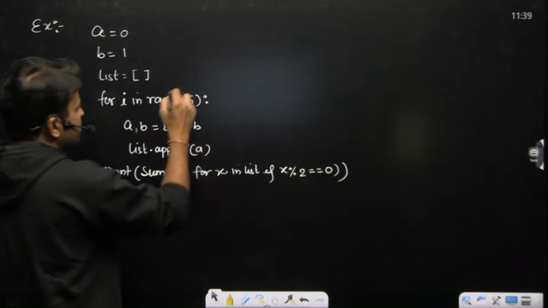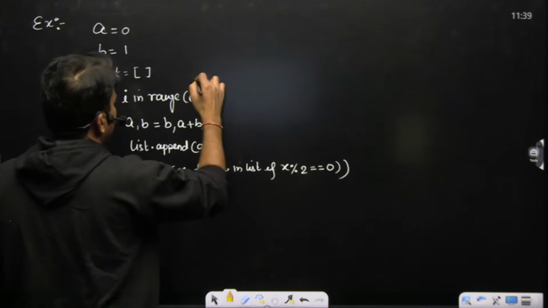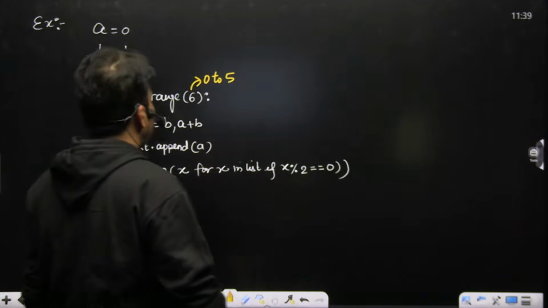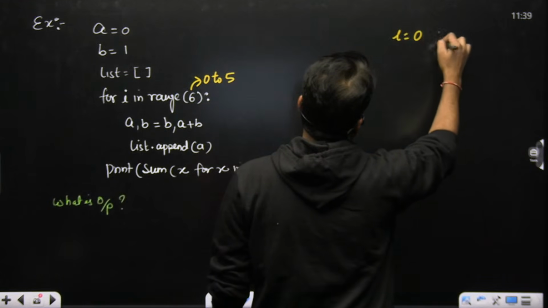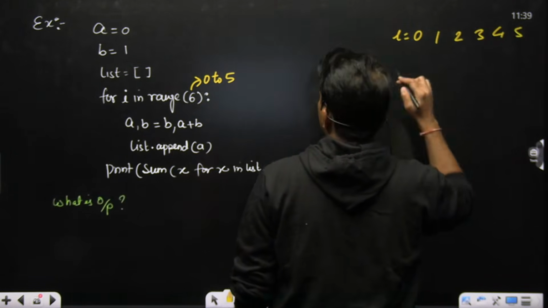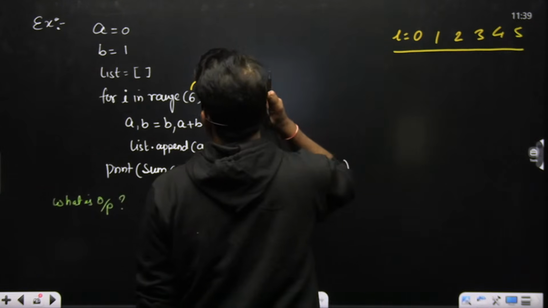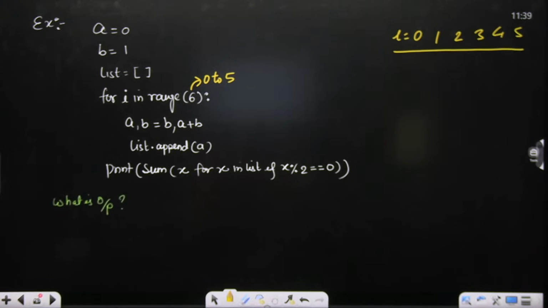So this is the range function here. I varies from 0 to 5 inside this range. The possible values for I are 0, 1, 2, 3, 4, and 5. Okay, 0 to 5. Initially A equals 0, B equals 1, and the list is empty.